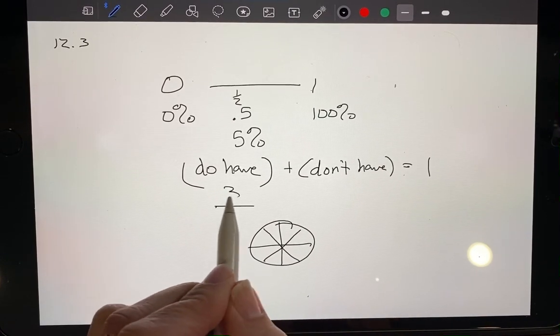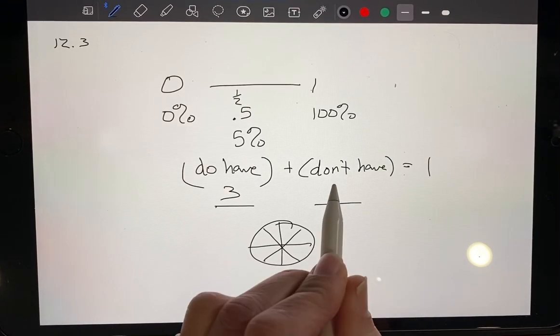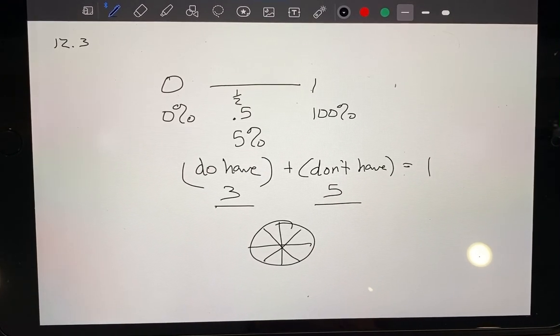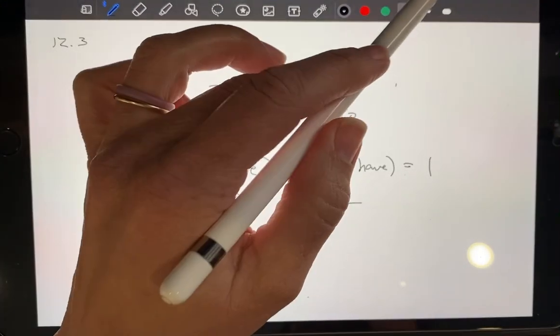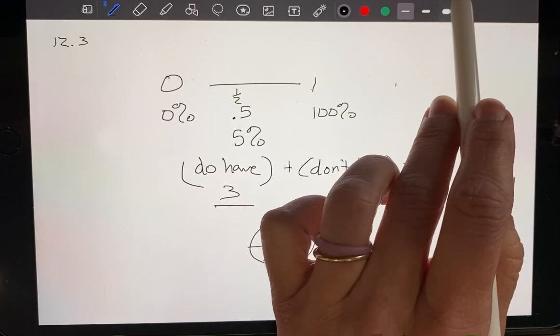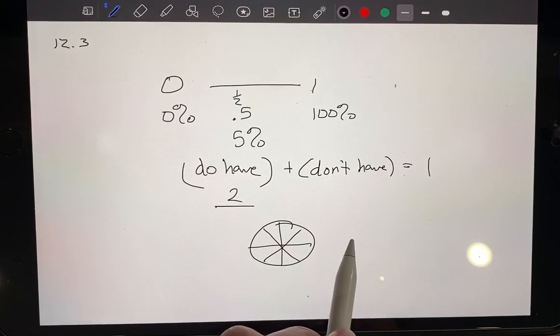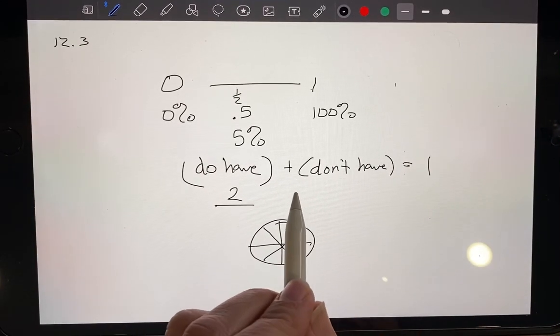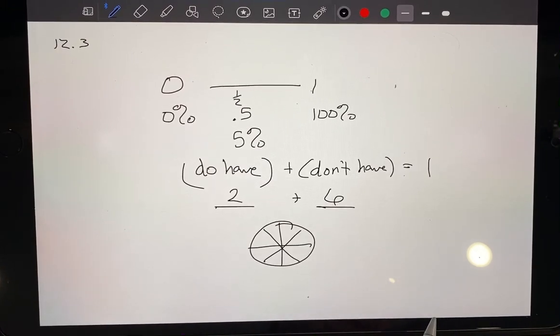If I do have 3 of the slices, that means I don't have 5 of the slices. It would always have to equal 1. If I do have 2 of the slices, then that would mean I don't have 6 of the slices.